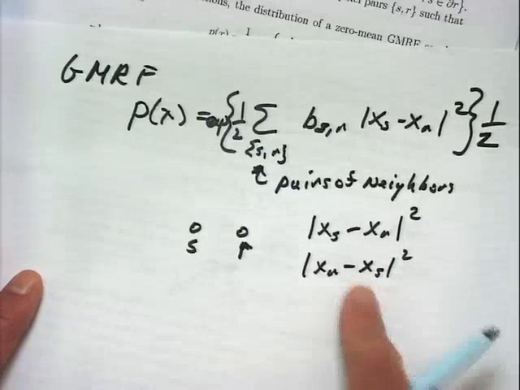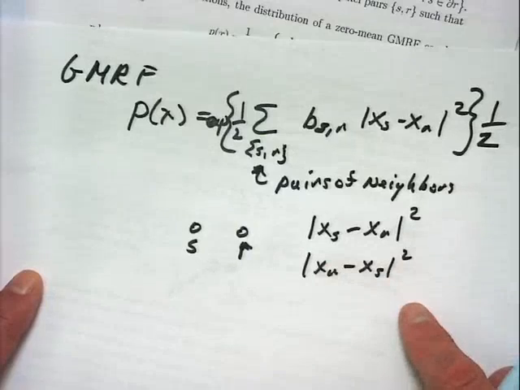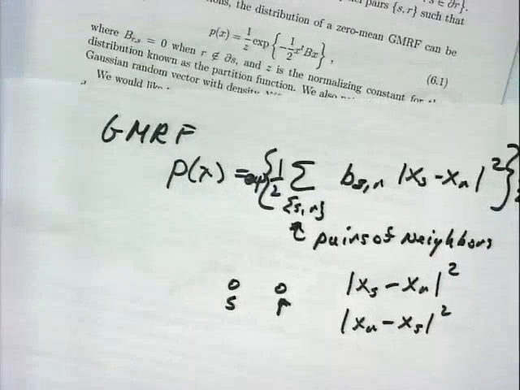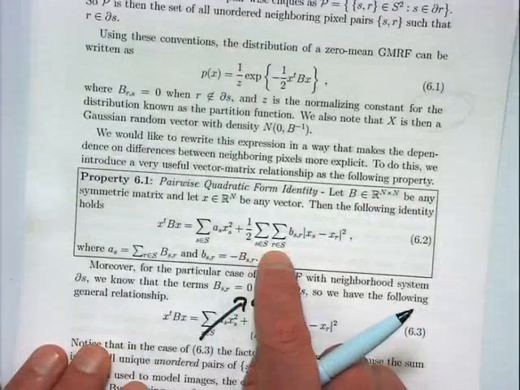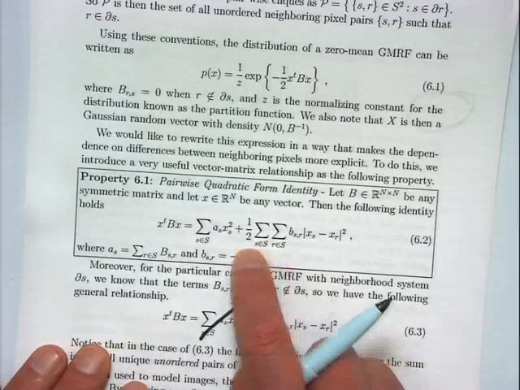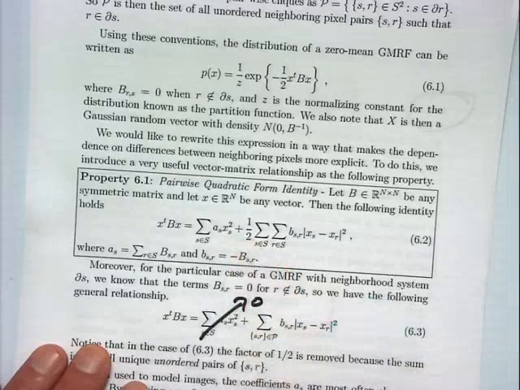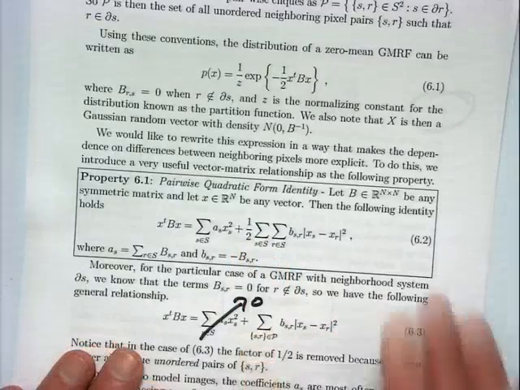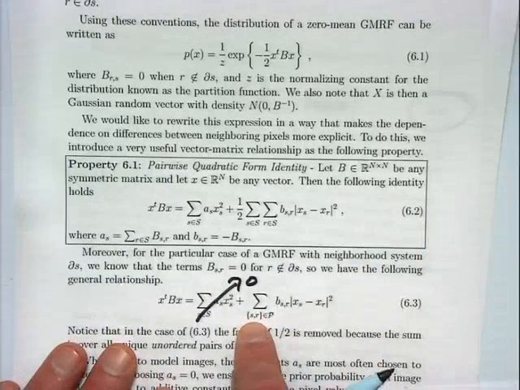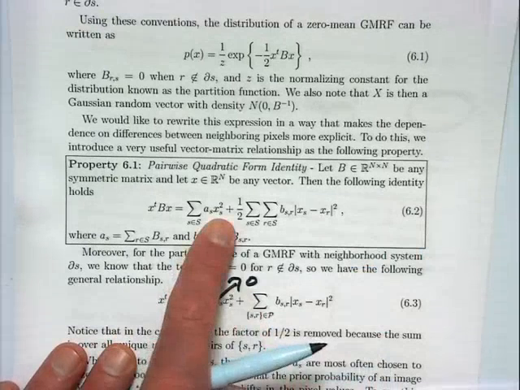So I have to be careful I don't count it twice. When I use this notation, I'm summing over all S and over all R, so every pair of pixels gets counted twice. So I divide by 2 to account for that. But if I use this notation, I'm summing over every unique pair of pixels once. So then I don't divide by 2.